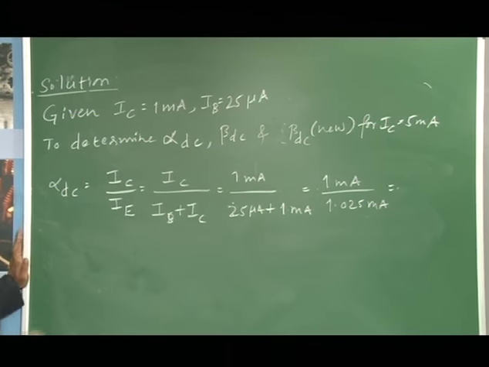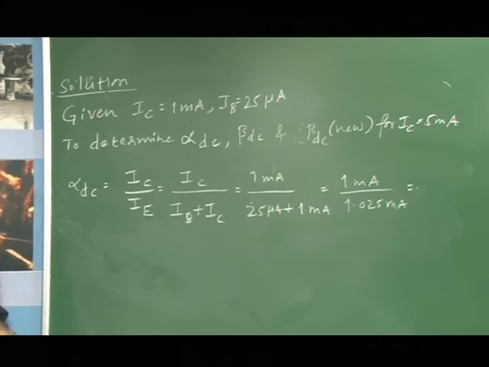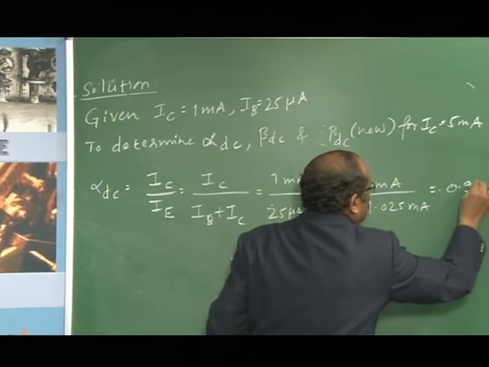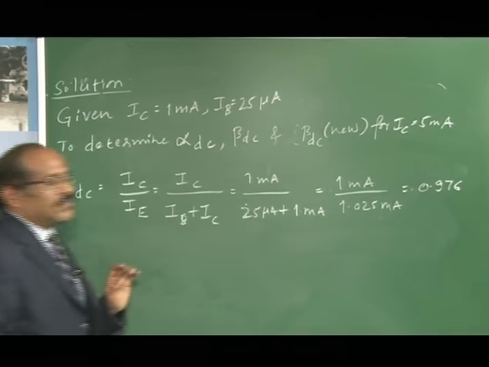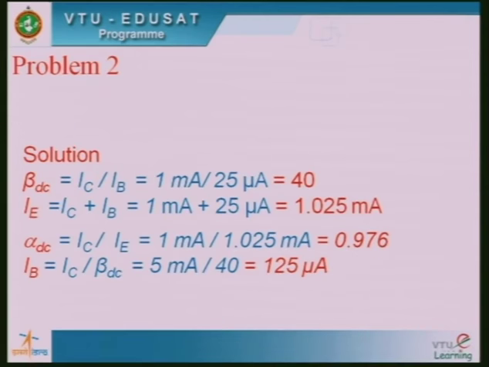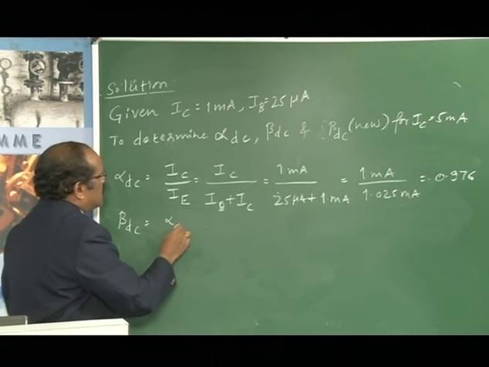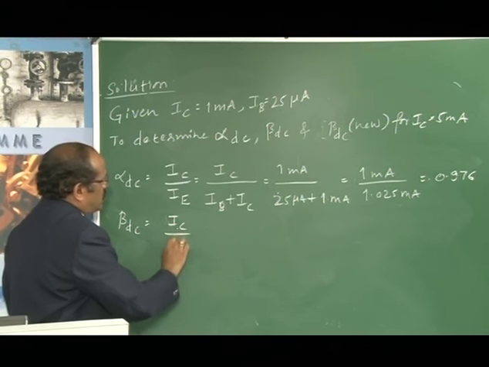Using this, alpha DC comes around 0.976. Similarly, we can find beta. Once you know alpha DC, you can directly write beta DC, or otherwise use the ratio of IC by IB.